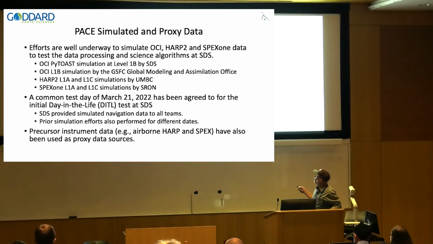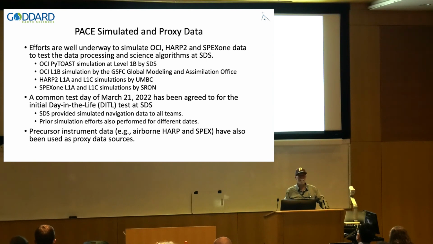We have something we call PyToast, top of the atmosphere simulation tool in Python. We've been using that to generate large amounts of simulated data at level 1B. We also have been working with a group called the Global Modeling and Assimilation Office to do a much higher fidelity simulation.